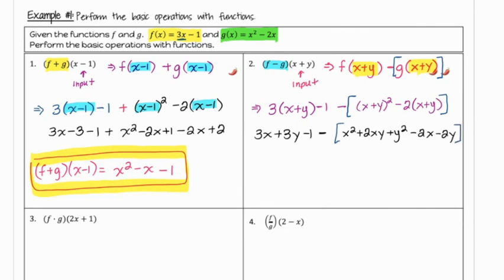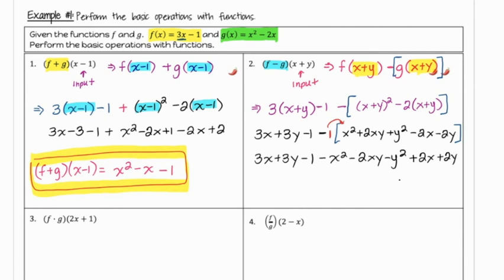I did my distribution on the 3 times x plus y. I did my foiling and I distributed on the g function side. So at this point, this is when I'm going to actually get rid of those brackets by distributing the -1 to every single term. So I'm going to do that. And we end up at this new polynomial.